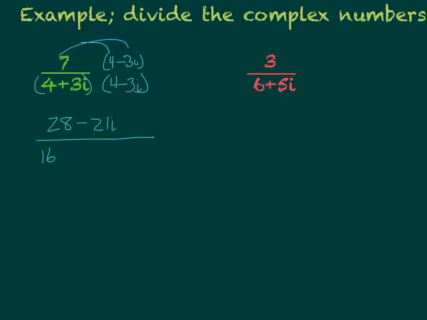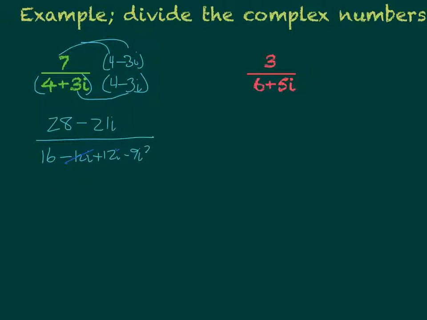4 minus 3 times negative 3i is a negative 12i. 3i times 4 is plus 12i. And 3 times negative 3 is negative 9i squared. And then I simplify.